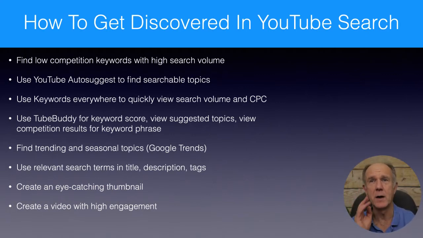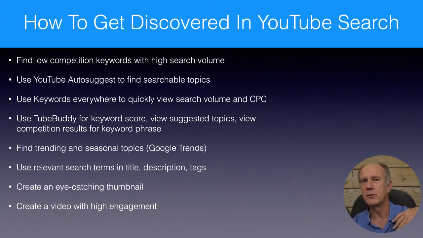And then you also find the suggested topics on the right, and within TubeBuddy, you can quickly view the competitors' channels that are ranking for that particular keyword phrase. So you can quickly identify the top 10 channels that have the videos that get the most traffic, that are currently ranking in YouTube search.